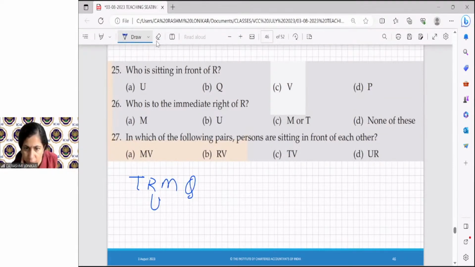Not that way. See, because the W and Q positions are fixed, it becomes very easy for us to do it.